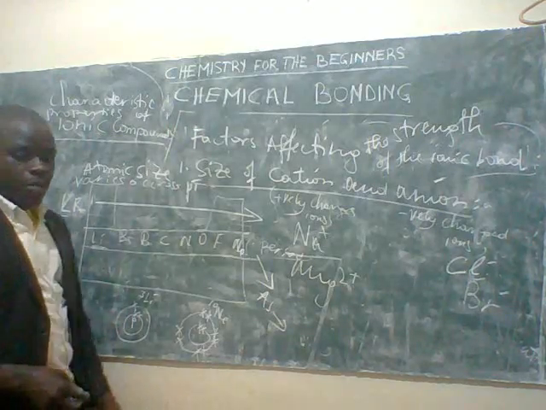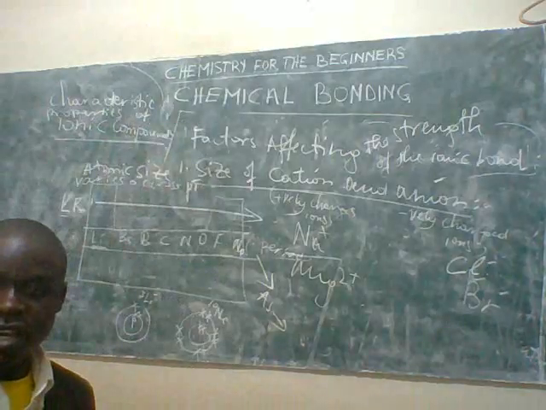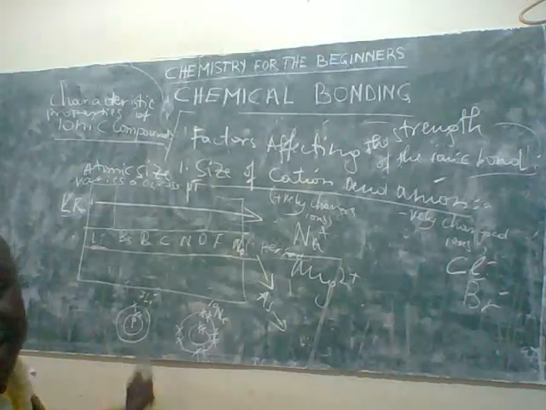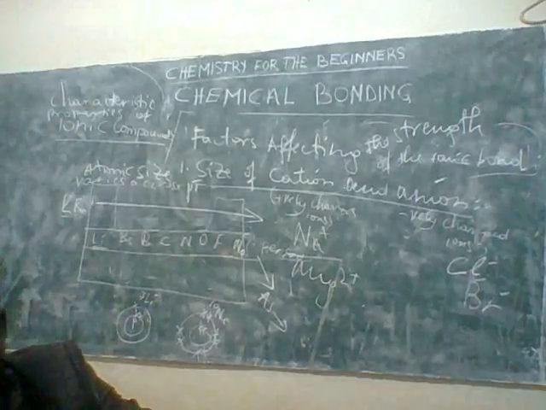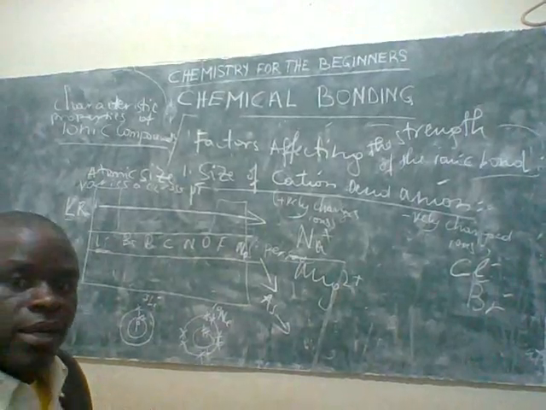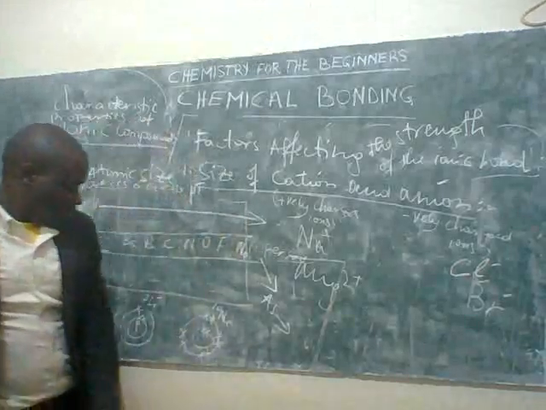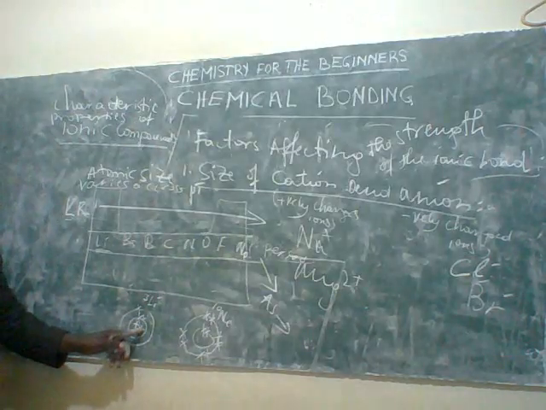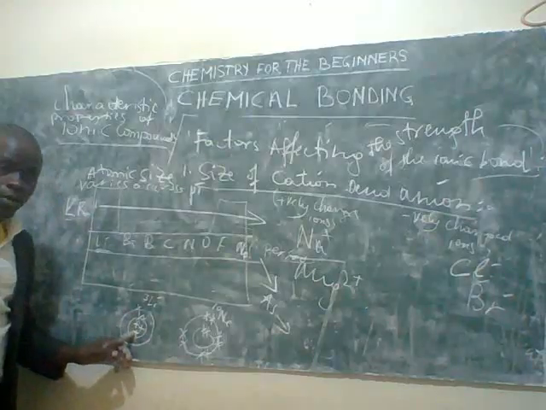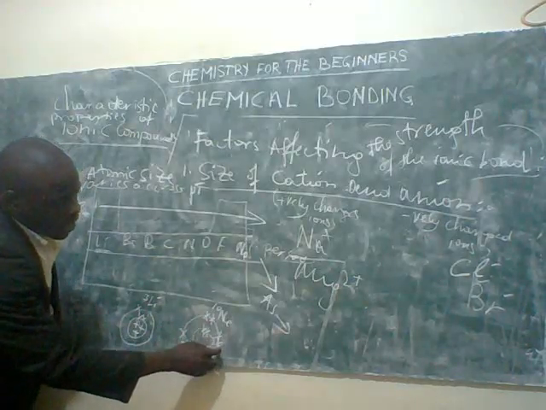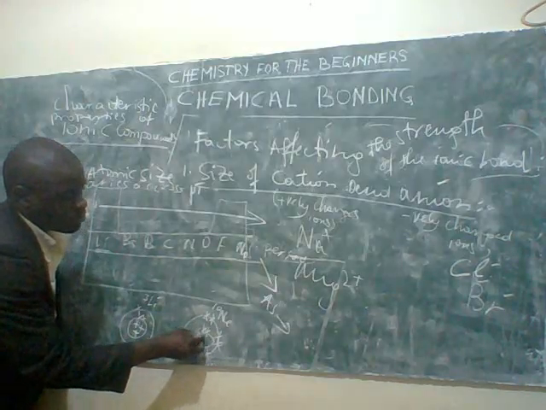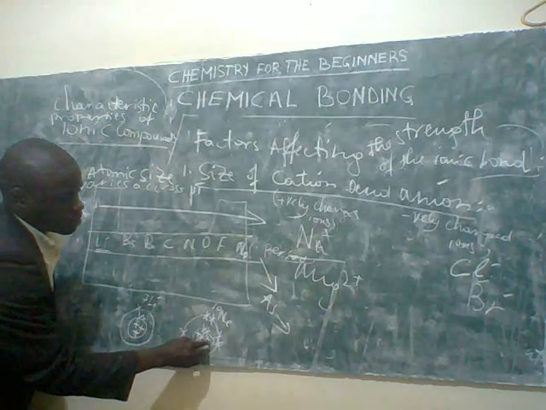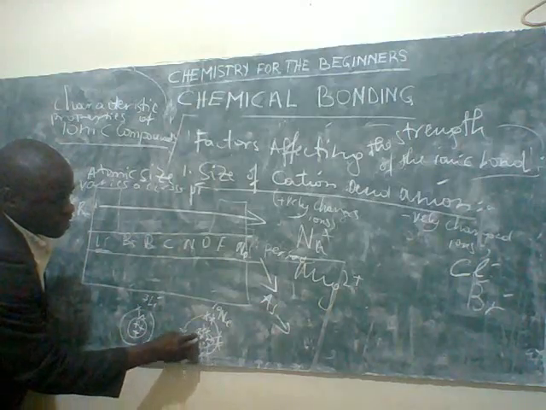when it is neutral. So for that, it means that here we have 3 positive charges, or 3 protons, and here the electrons are 10, which means we have 10 positive charges. 1, 2, 3, 4, 5, 6, 7, 8, 9, 10.